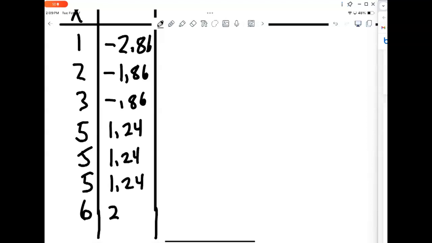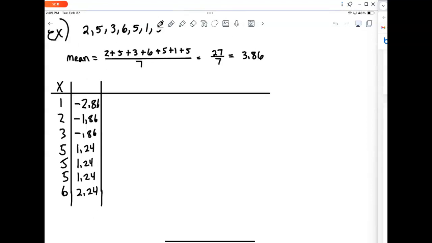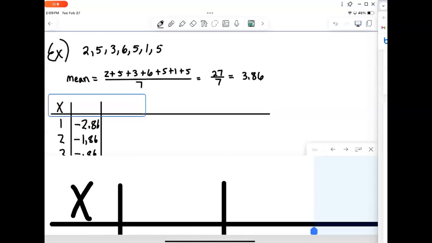And 6 minus 3.86 would be 2.24. So we just took each data value and subtracted off the mean.